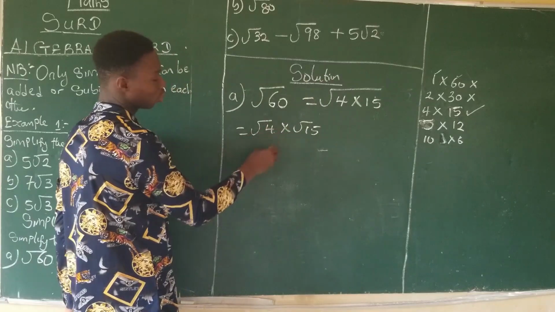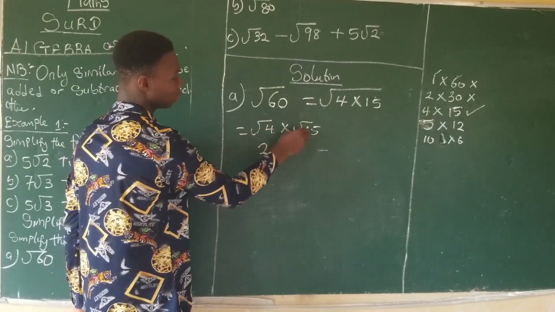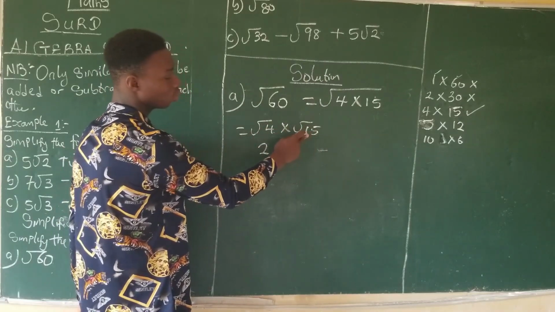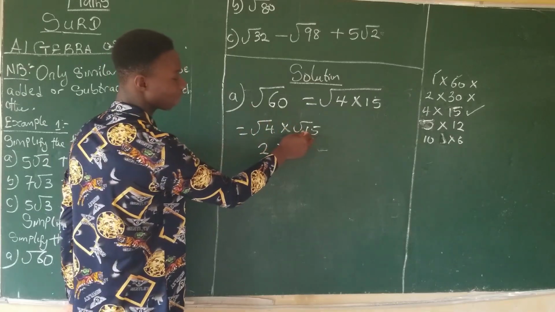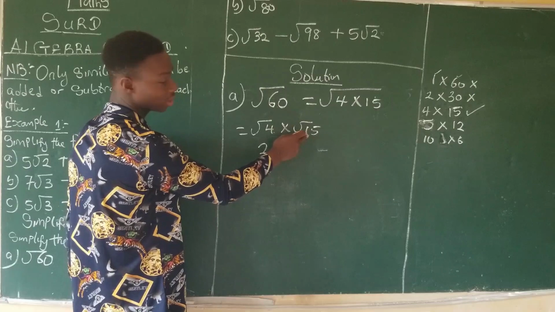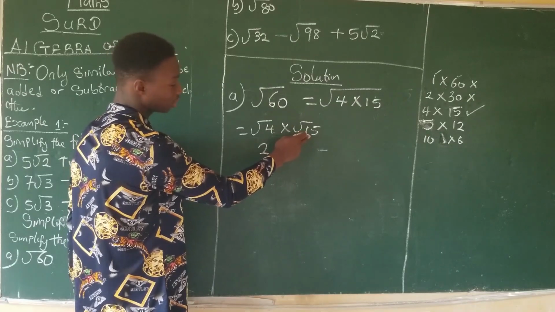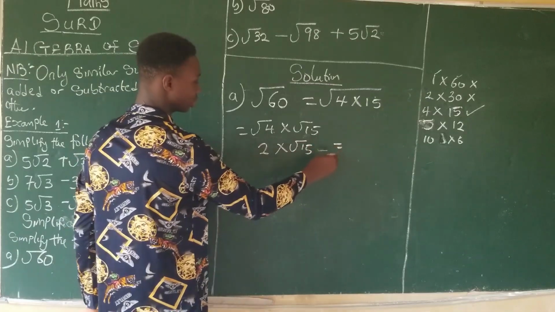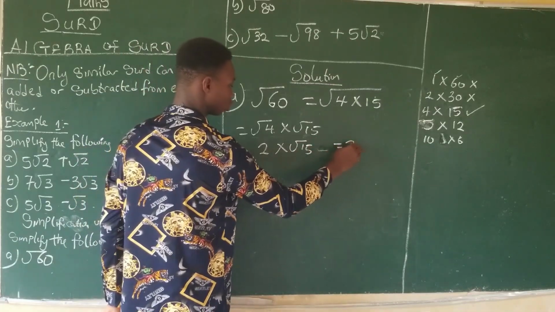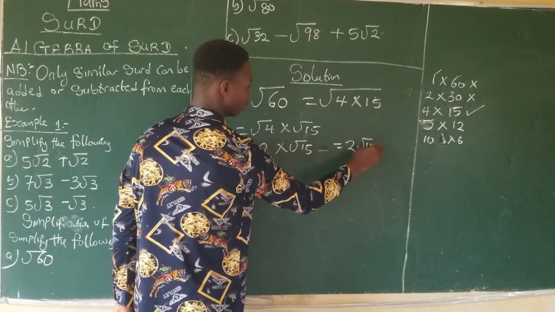Square root of 4 is what? It is 2. While for this 15, even if we look for a replacement for this, we can never get a perfect square root for it. We can leave it as root 15. So our final answer for this question is 2 root 15.